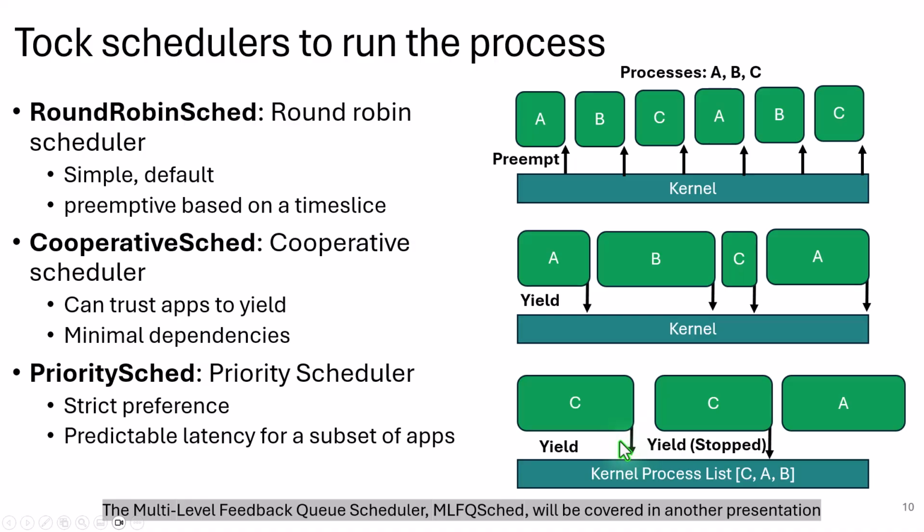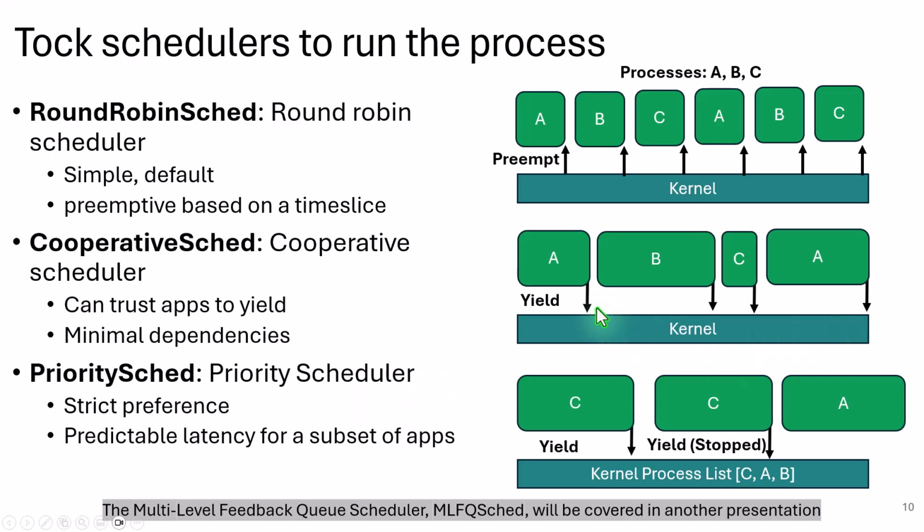In this case, tasks can be scheduled by preference, and that gives predictable latency for the tasks. This priority scheduler is done with a process task list, and it just keeps scheduling until the one in the list is done, and then it will move on. There's another one called a multi-level feedback queue scheduler. I'll talk about that one in another presentation. It's a little more complicated.